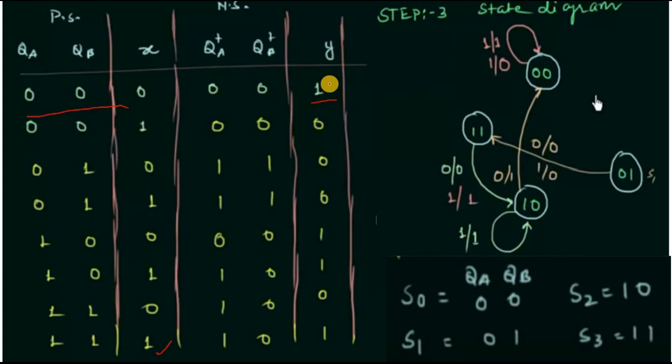First, imagine how many input variables there are: 2. If you have 2 variables, how many states will you get in the flip-flops? 4 possible states. I will name them S0, S1, S2 and S3.